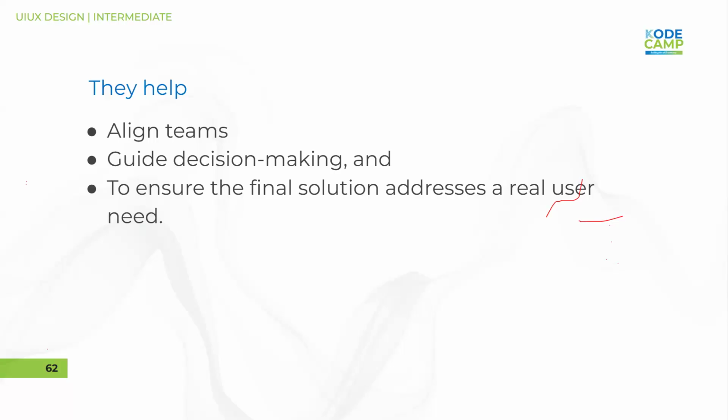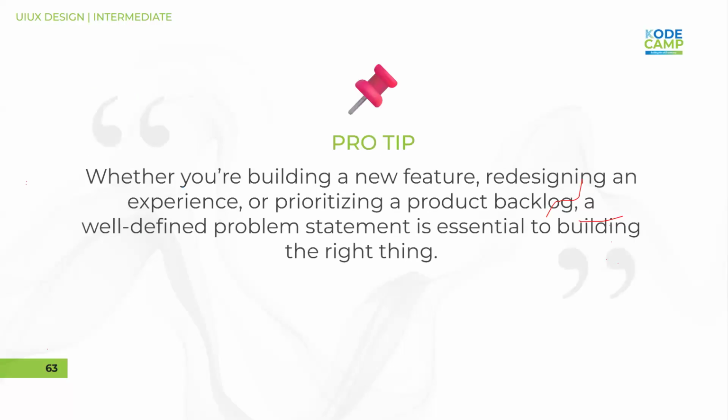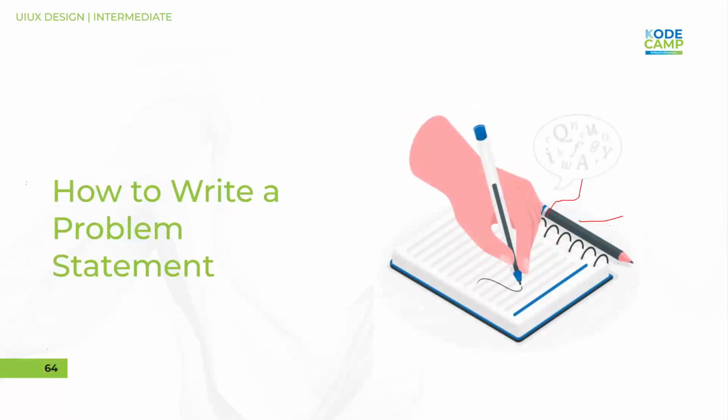So we need them to solve that same problem. That's why we need a problem statement. Whether you are building a new feature, redesigning an experience, or prioritizing a product backlog, a well-defined problem statement is essential to building the right thing. This is actually telling us why we need it again.